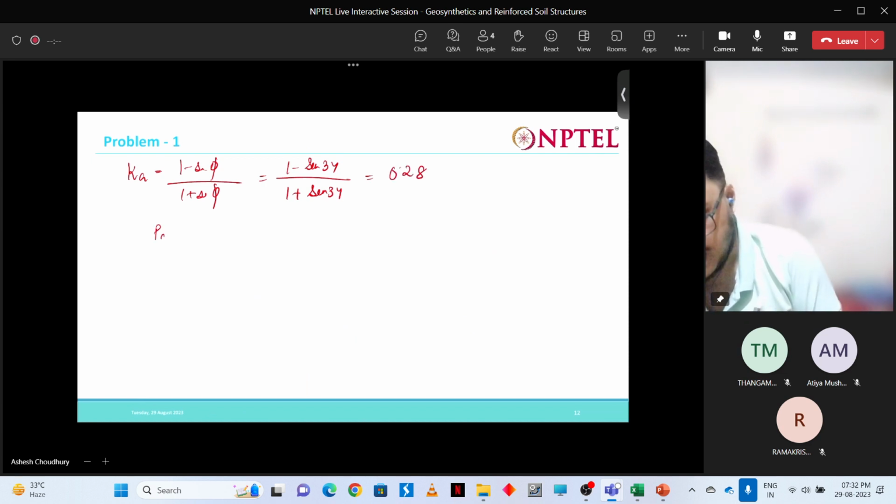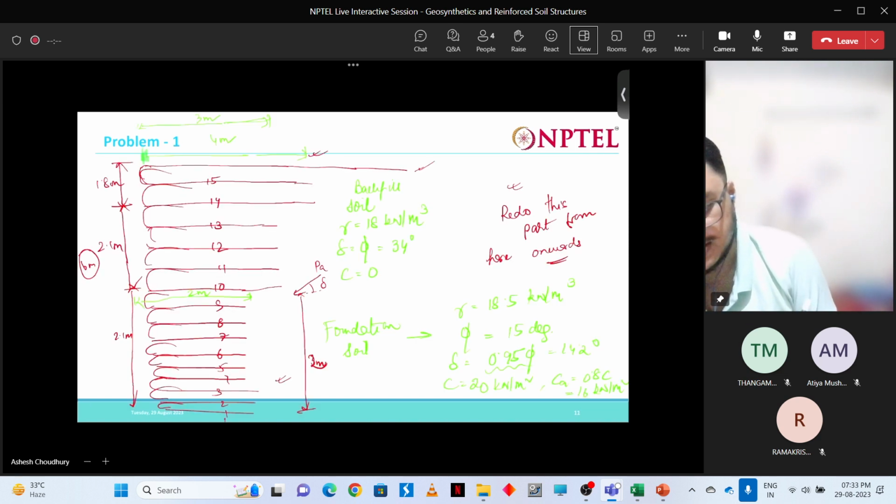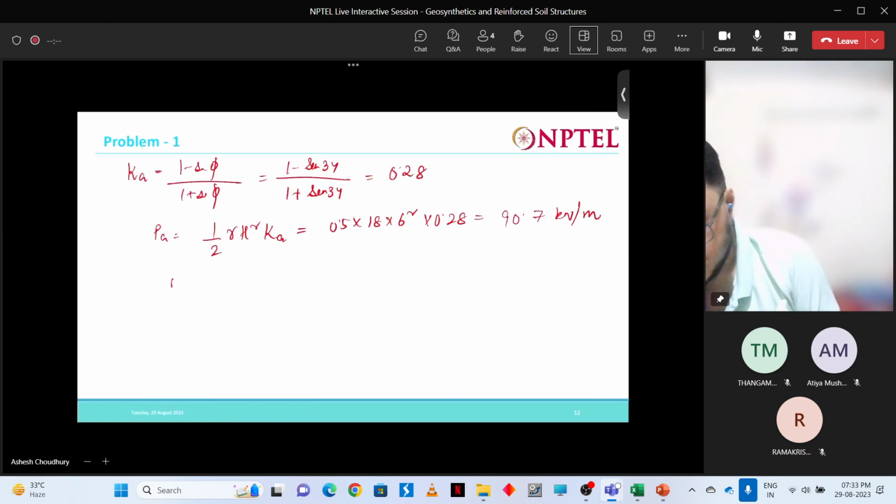Now what is PA? Half gamma H square K, so 0.5 times 18 times 6 squared times 0.28, 90.7 kilonewton per meter. Now what will be the components? One will be the cos component, one will be the sine component, right? So PA cos 34.